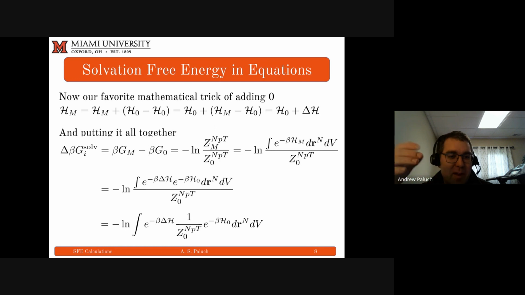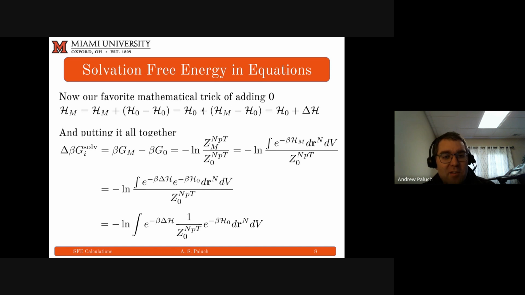The multiplicative identity: anything times 1 is just what you started with. Here we take advantage of the additive identity, where I take the Hamiltonian of my target state, state M, and add 0. So I write this as the Hamiltonian of my target state plus H naught minus H naught, the Hamiltonian of my reference state minus the Hamiltonian of my reference state.